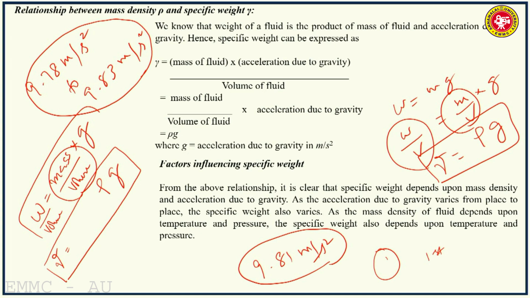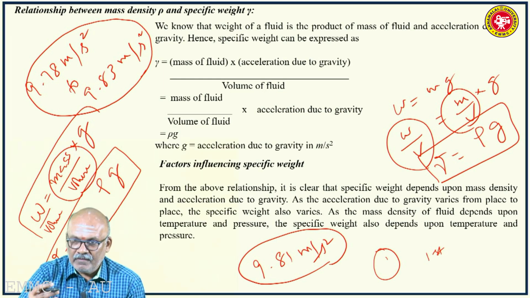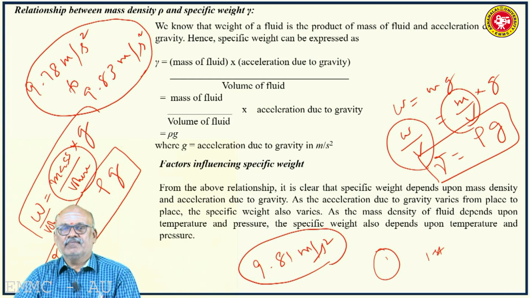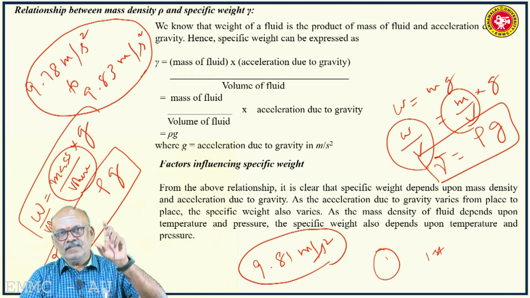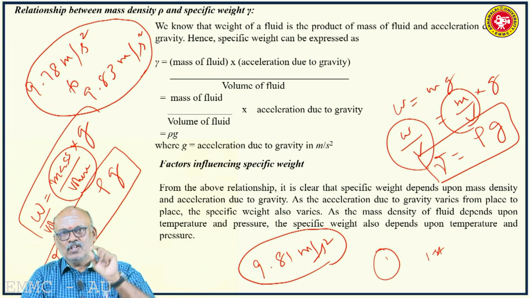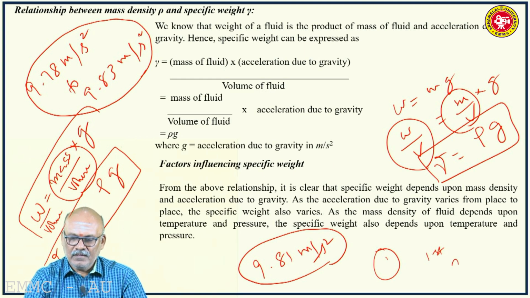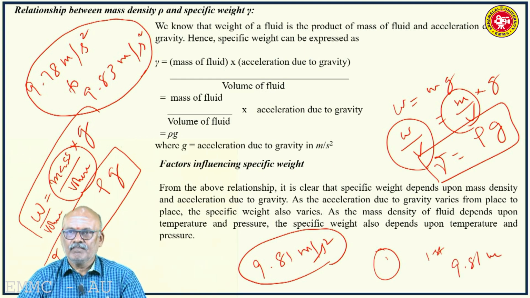Say an object is at an elevation of 1 kilometer, that is 1000 meters from the surface. I am dropping that object from rest. Because of gravity, it is attracted towards the earth's surface. Now in the first second, say that object travels 9.81 meters.